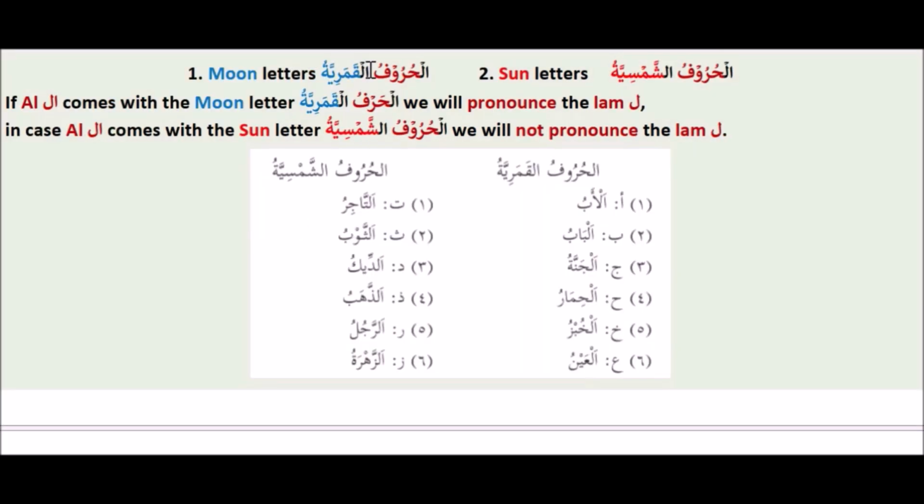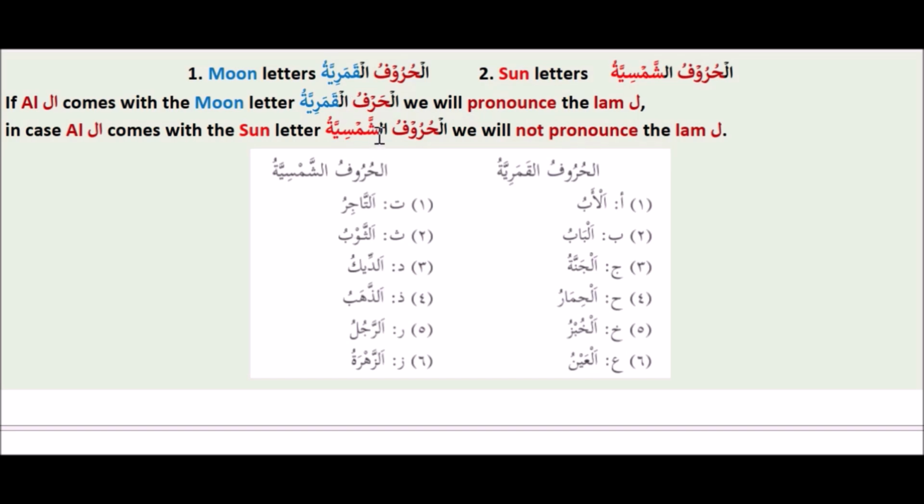The moon letters, Huruf al-Qamriya, and the sun letters, Huruf al-Shamsiya. If Al comes with the moon letter, we will pronounce the Lam. In case Alif Lam Al comes with the sun letter, we do not pronounce the Lam. Example is in itself.